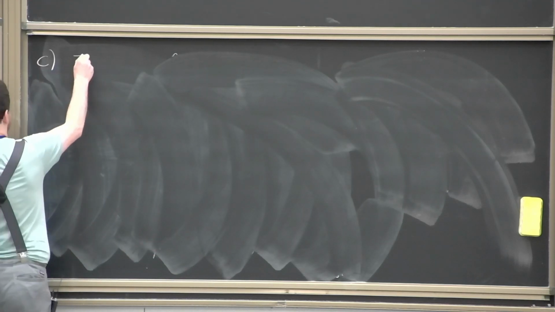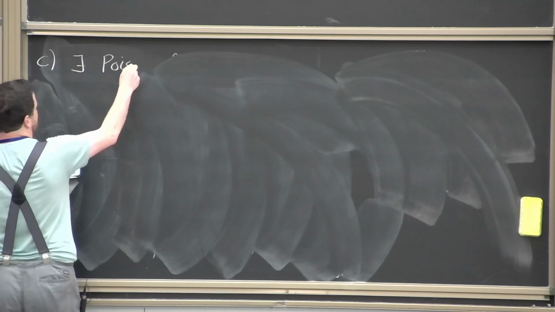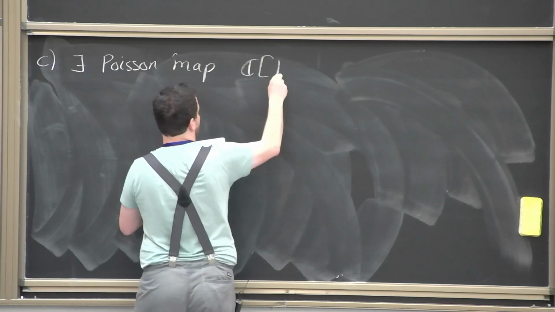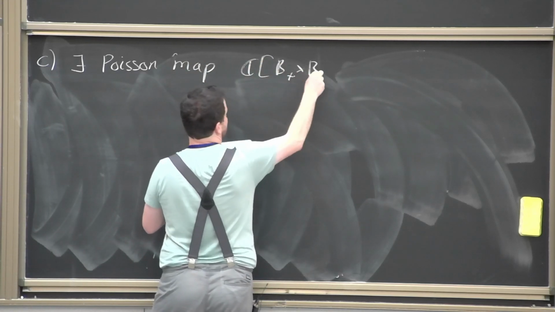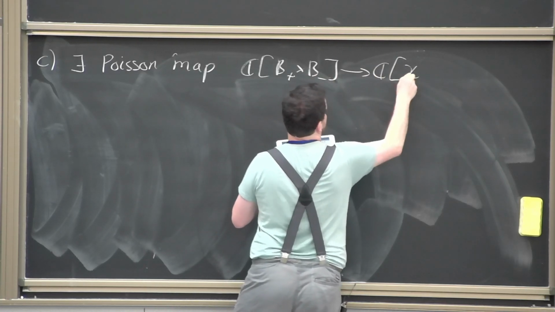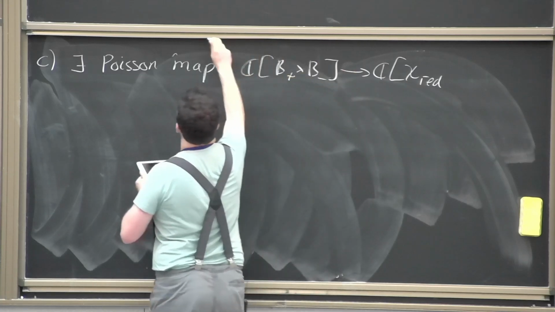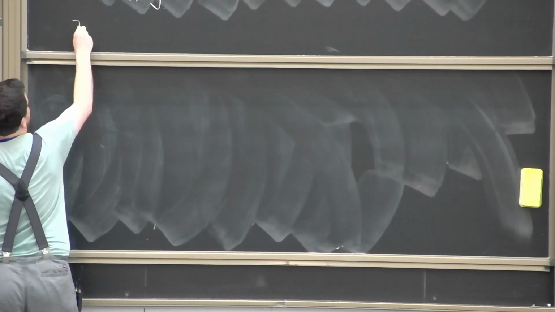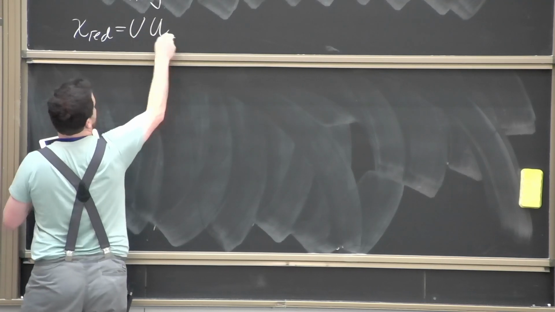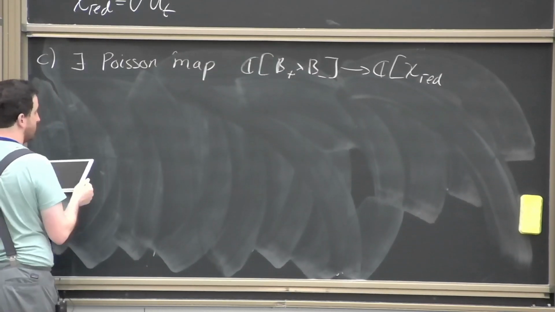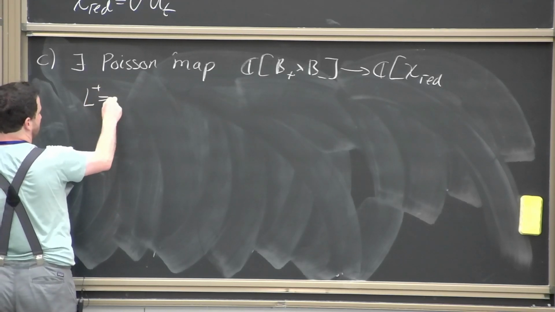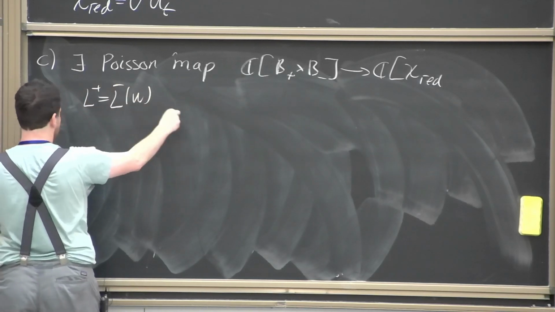C: there exists a Poisson map from the algebra of functions on the product of two Borel subgroups to the functions on this reduced variety. This reduced variety is a union of these charts, which we denote by T. Our local system now becomes described in terms of the coordinates of this reduction.